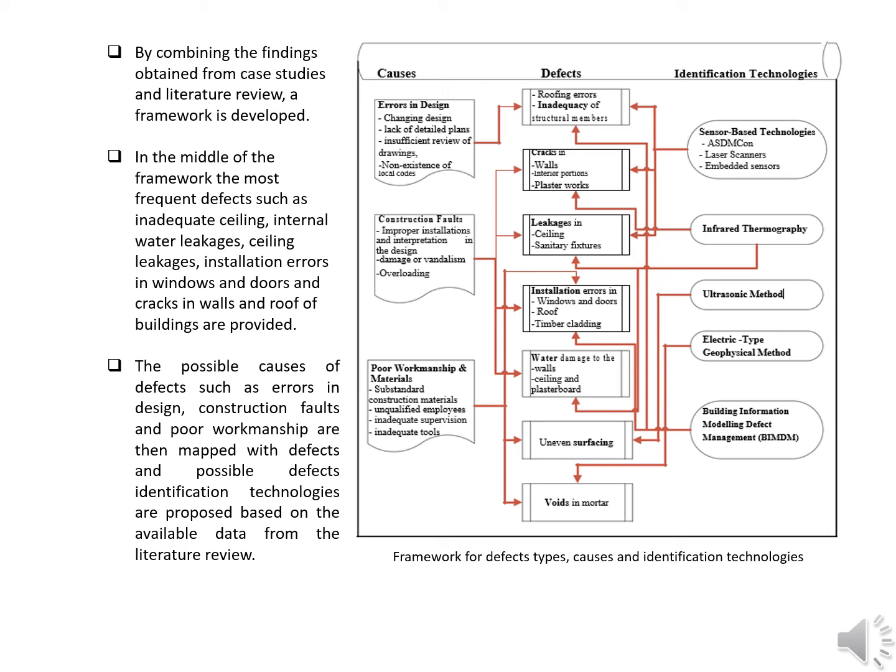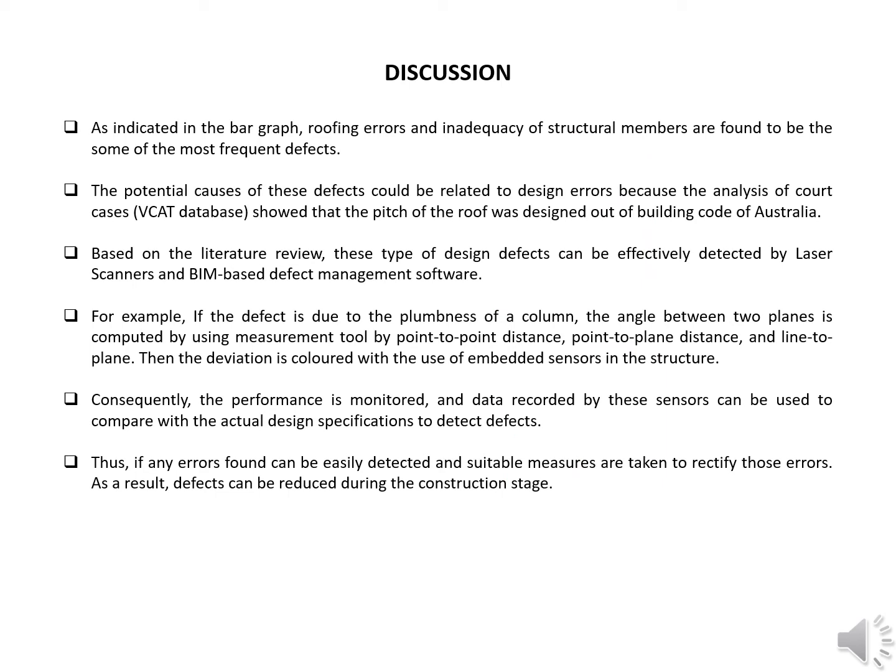The defect identification technologies like sensor-based technologies, infrared thermography, ultrasonic methods, electrotype geophysical methods, and building information modeling defect management are listed under the right column. The defects are then mapped with causes and identification technologies based on the data collected from the literature review. Mapping of defects with the causes and identification technologies is purely based on the literature review.